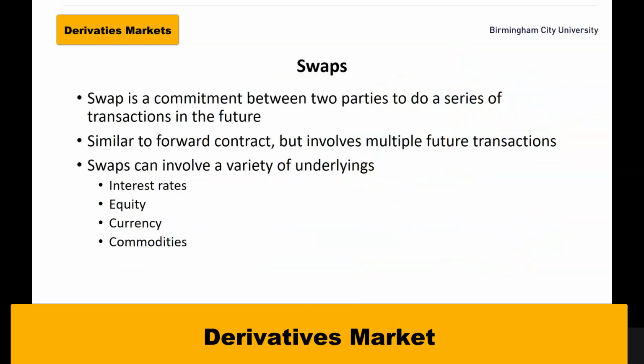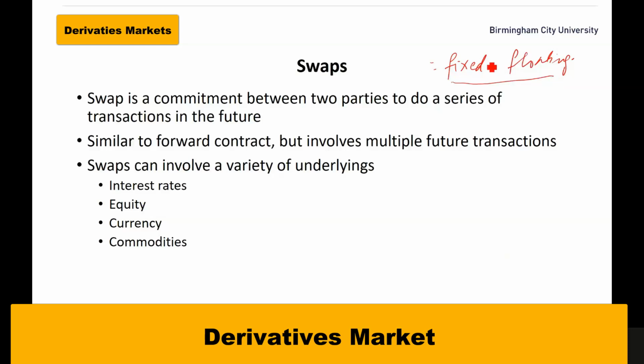So as we said, swaps are an advanced and complex form of forward contracts. Basically, they represent multiple forward contracts. So for example, if I have a swap where I am exchanging my fixed interest for floating interest, which we call a plain vanilla swap, so I am paying fixed and I am receiving floating interest.